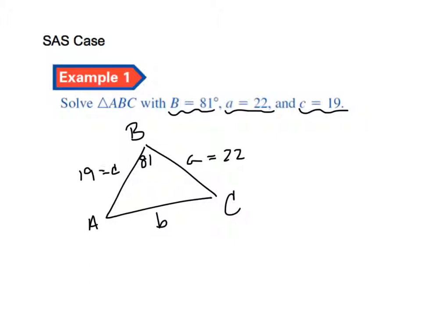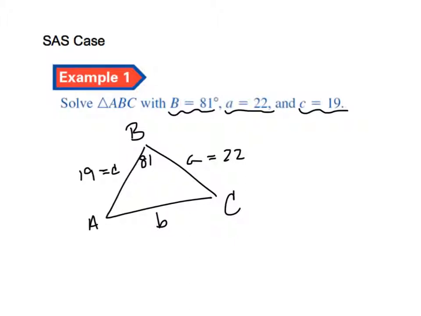Now it becomes apparent why this is a side angle side situation, because I have a side, an angle, followed by another side. This works really nice with the law of cosines.